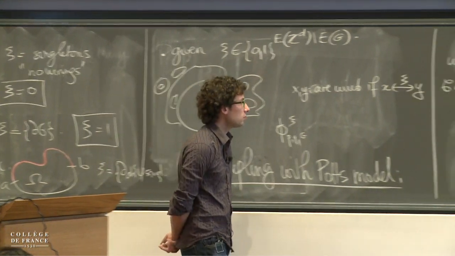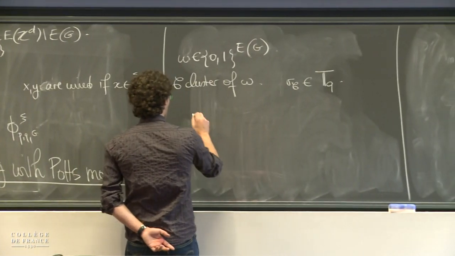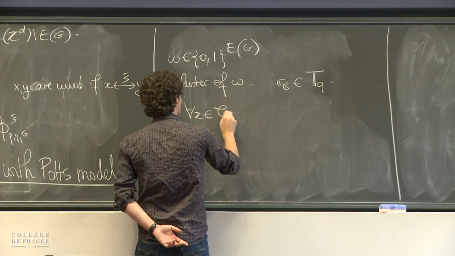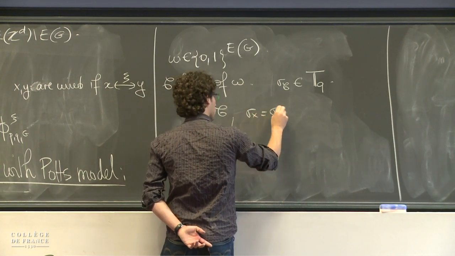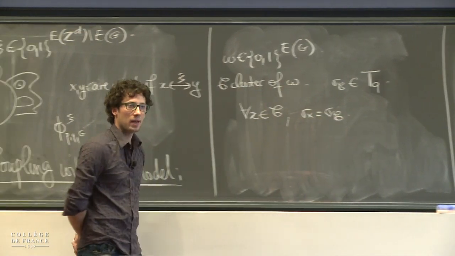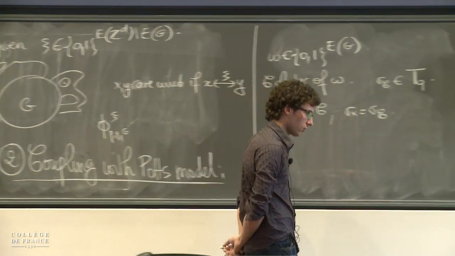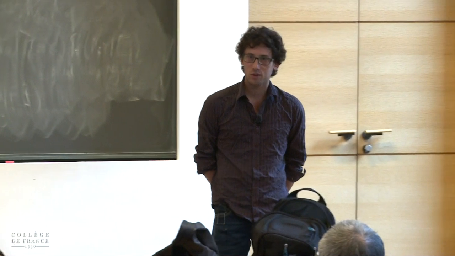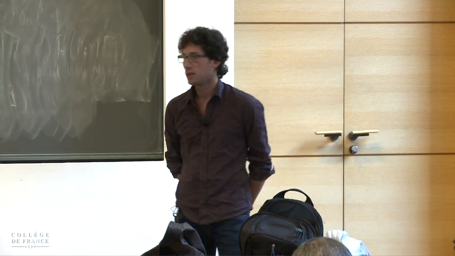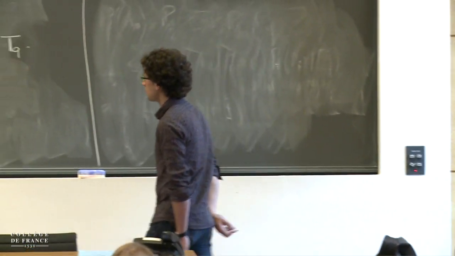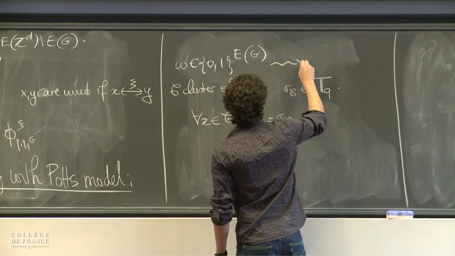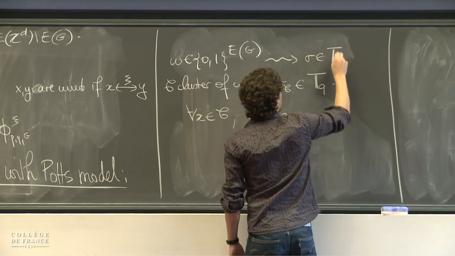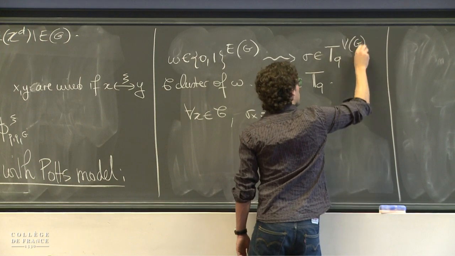And now, just say, OK, for every x in C, define sigma x to be this sigma C. So basically, you choose for every cluster a color, and you color every vertex of this cluster with this color. So you get a coloring of the vertices of your graph.